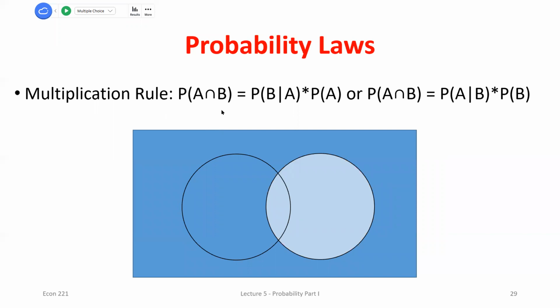So the next thing that we're going to talk about is this multiplication rule. I'll try to give you some insight as to what's going on here. But you could also, if you really wanted to, just memorize the rule. So let's say we've got the intersection of two events. I can solve for that if I take a conditional probability and multiply by whatever event I'm conditional on.